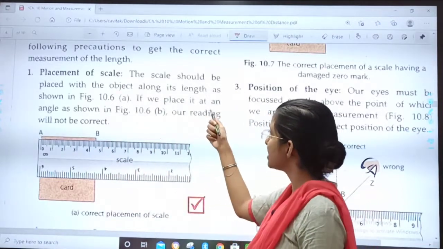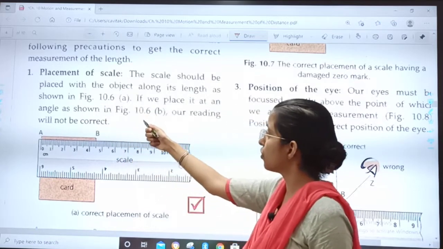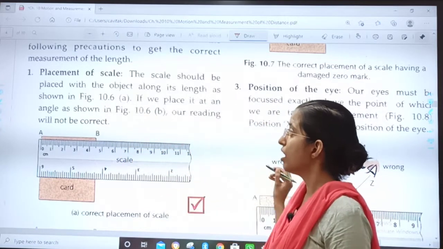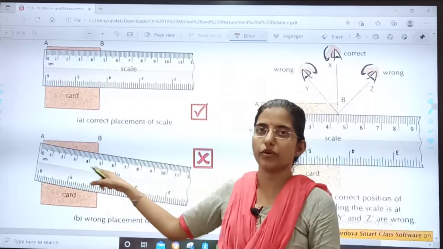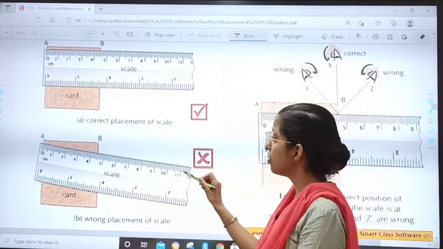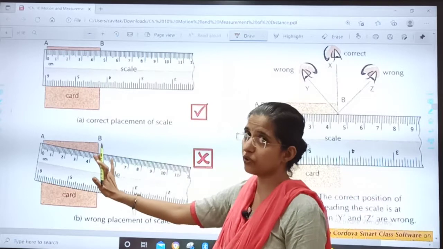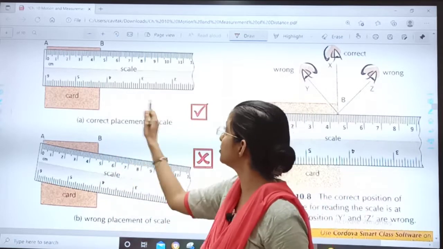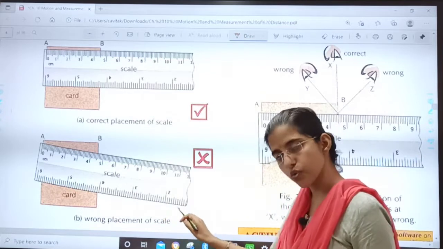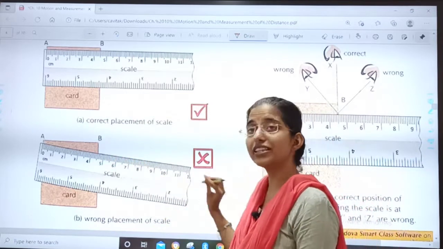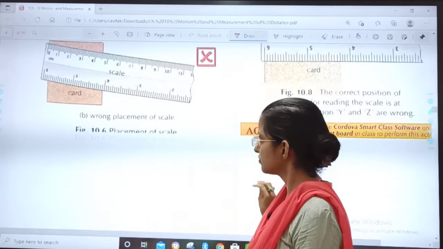If we place it at an angle as shown in figure 10.6b, our reading will not be correct. So let's see. Look, our scale should not be tilted. It should not be slanting. It should be straight like this. This is the correct placement and this one is the wrong placement. Then we will not get the accurate result.